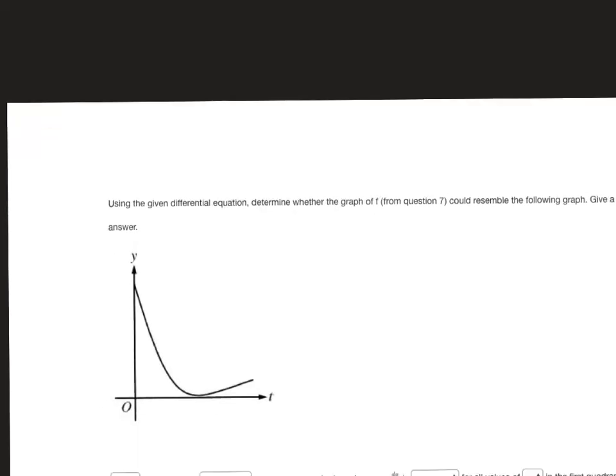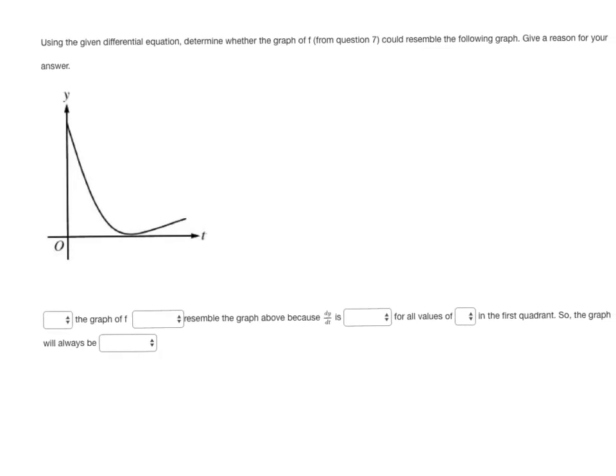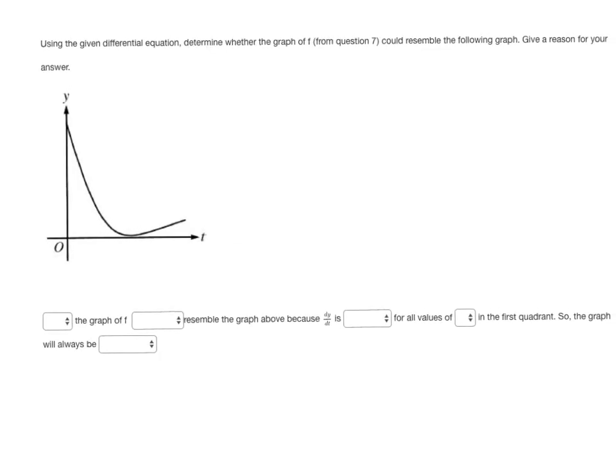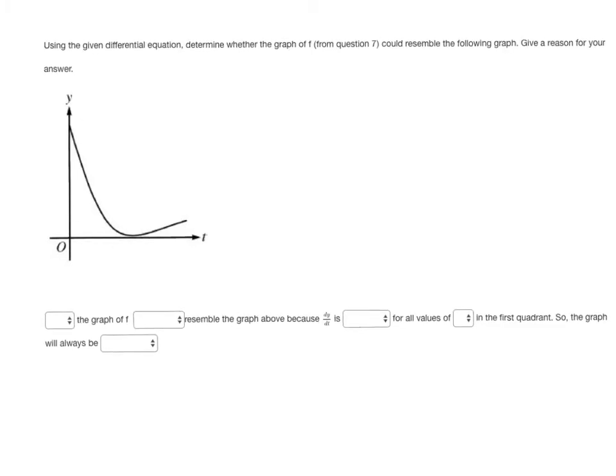Number 9, if we can find it down here. So using that same differential equation as we've been working with, we want to look at this drop-down question here about this given graph.